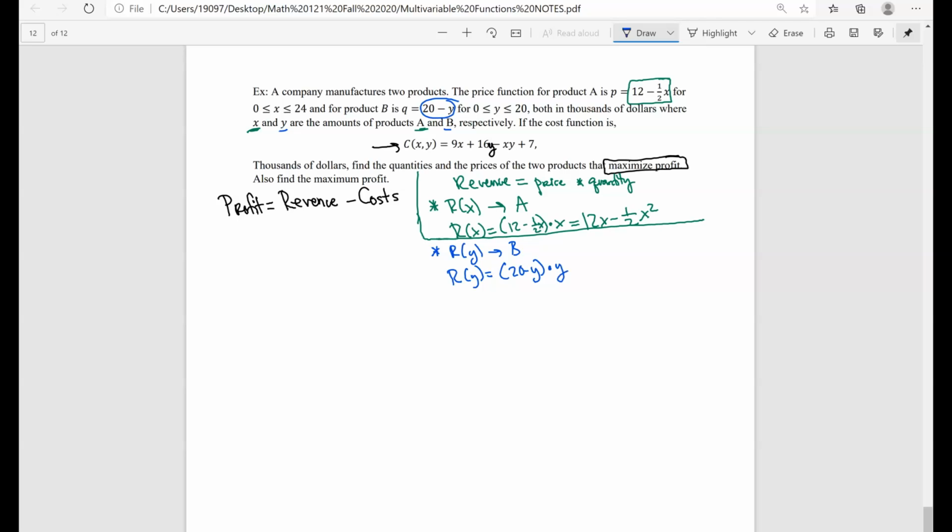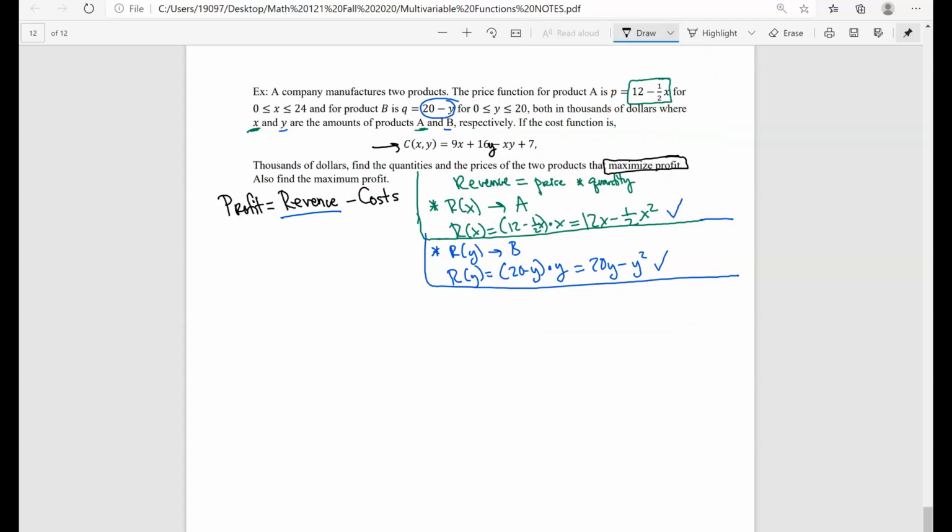So I get 20y minus y squared as my revenue for y. My total revenue is going to be this one plus this one. So all I have to do is plug both of those into my revenue and then plug in the cost function.